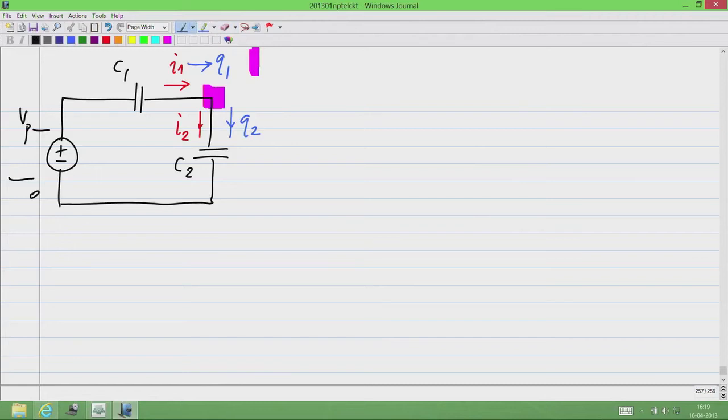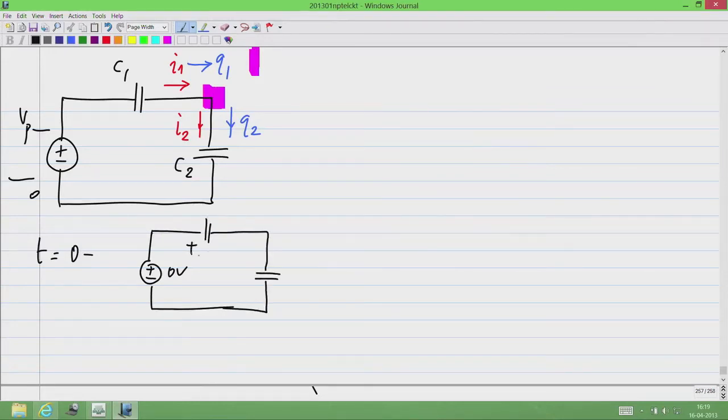Is this fine? So, now let us consider the circuit for t equals 0 minus, that is before the step appears. So, we have 0 volts here and 0 volts there and 0 volts over there.